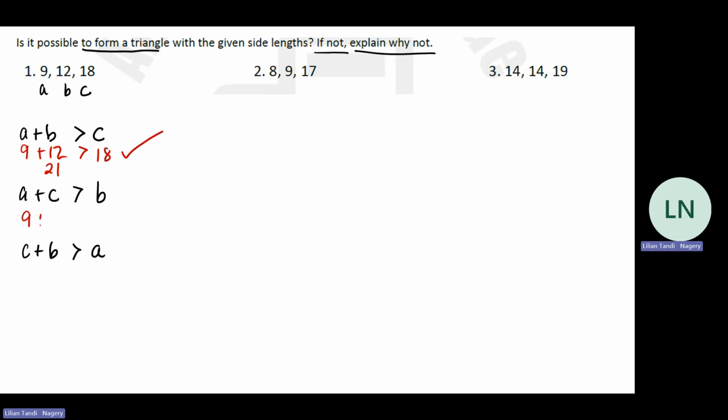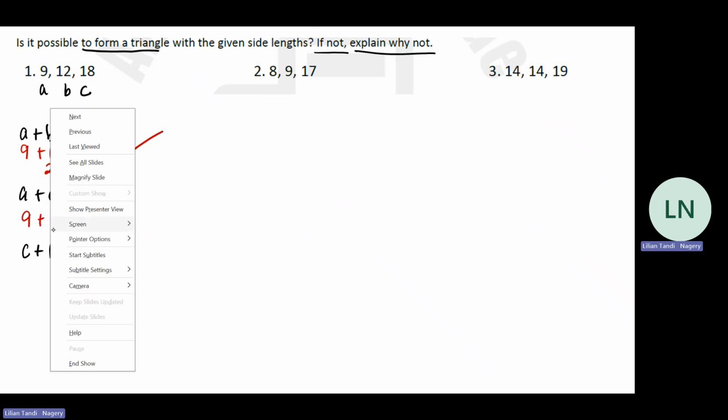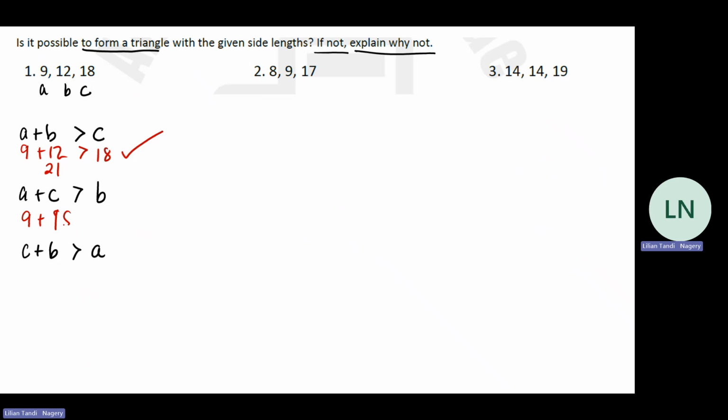So this is 9 plus 18. 9 plus 18 should be greater than 12. Already 18 is greater than 12. So therefore, if I'm increasing 18 and it's already greater than 12, it is therefore greater than 12. Then this is 18 plus 12, which is greater than 9.